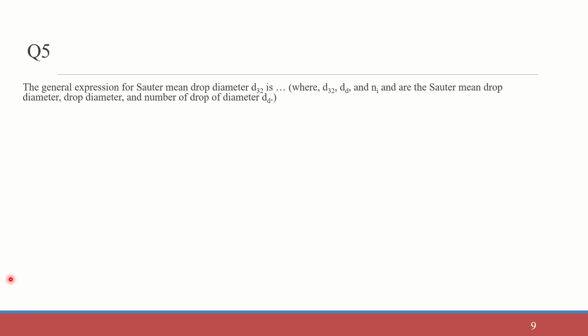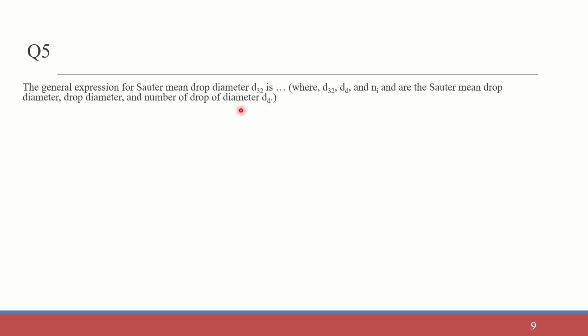In question 5, the general expression for Sauter mean drop diameter D32 is dash, where D32 is the Sauter mean drop diameter, dd is the drop diameter and Ni is the number of drops of diameter dd.